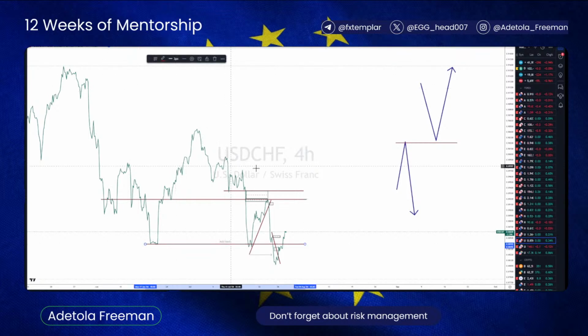So where is our pivot still? This is still the most logical point for our pivot, although we can say there's a minor one somewhere here. So let's go back to the 15 minutes.